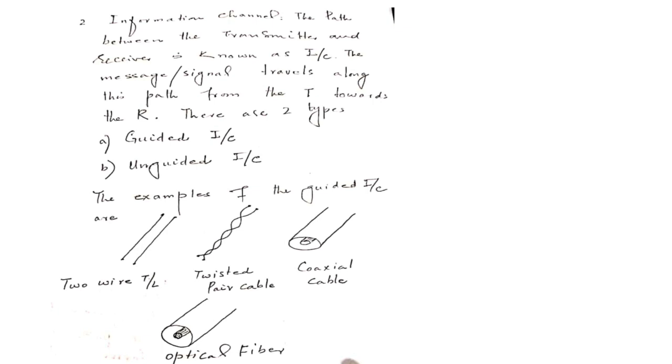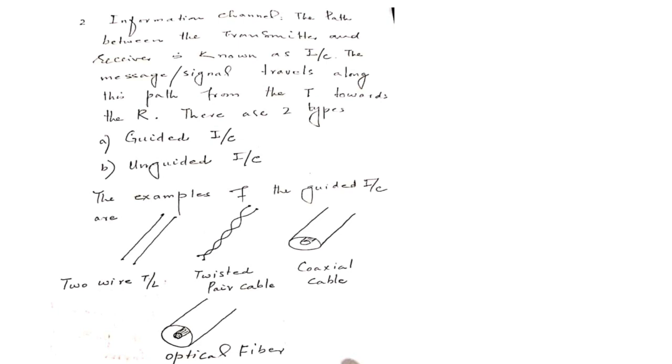There are so many examples of the guided information channel. We use a guided information channel in case of a fiber optic communication system, and the guided information channel in case of a fiber optic communication system is the optical fiber.